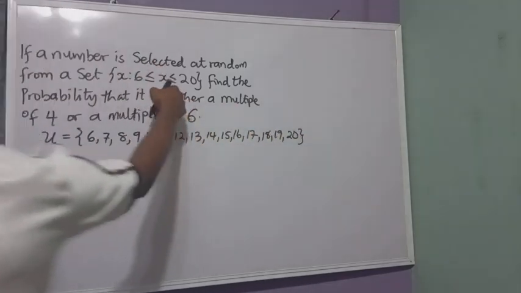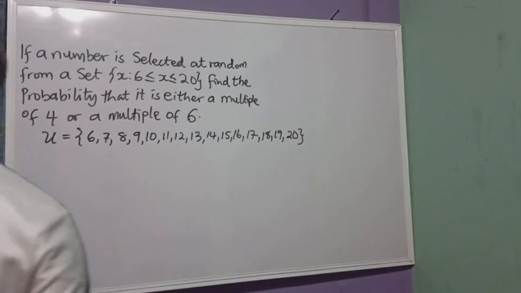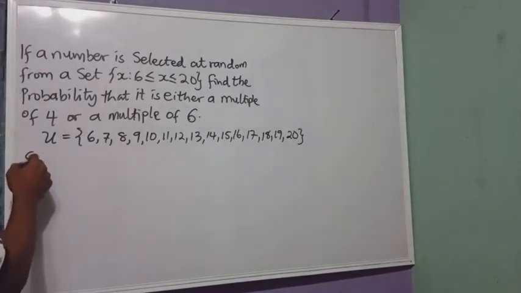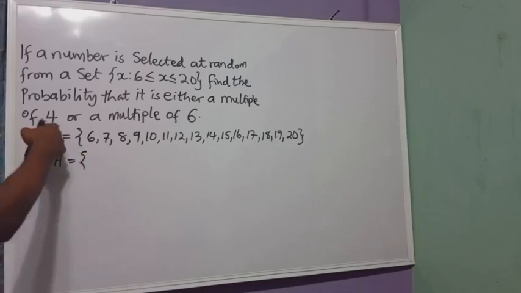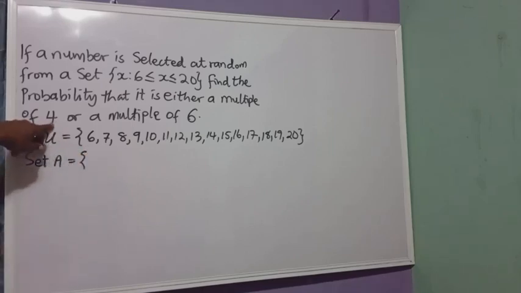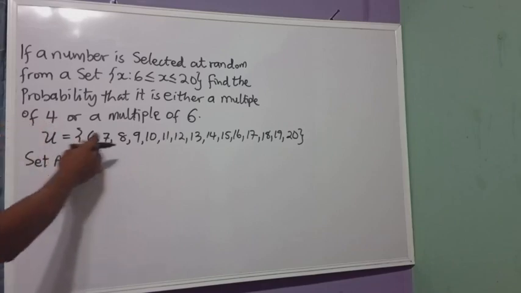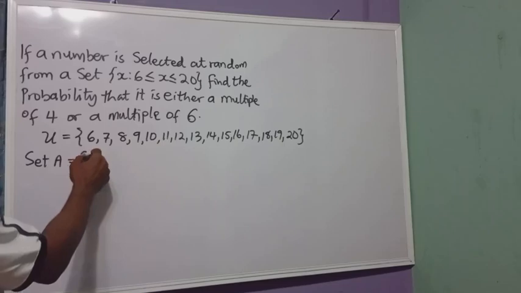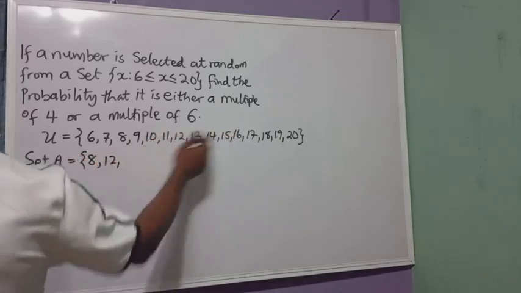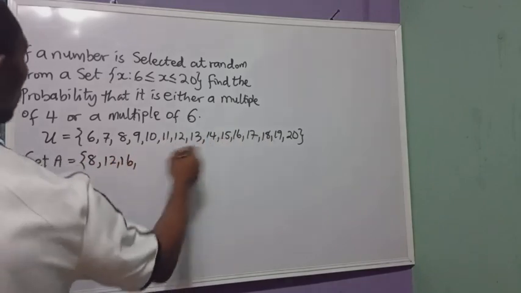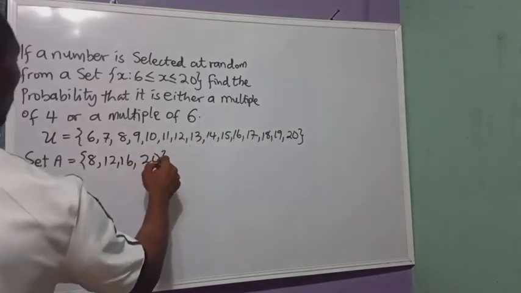Now, our set A will be multiples of 4. What are the multiples of 4? We have 8, 12, 16, and 20. These are the multiples of 4.